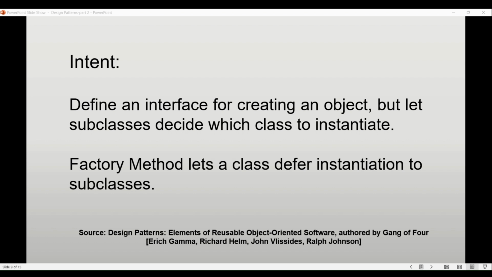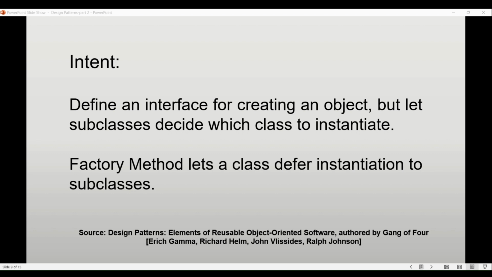However, instead of the cake factory class directly deciding which kind of cake to create, it delegates that responsibility to its subclasses like chocolate cake factory or vanilla cake factory and so on. Now each subclass of the cake factory overrides the create cake method and provides its own implementation determining which specific type of cake to create during the runtime as per the request from the client side.